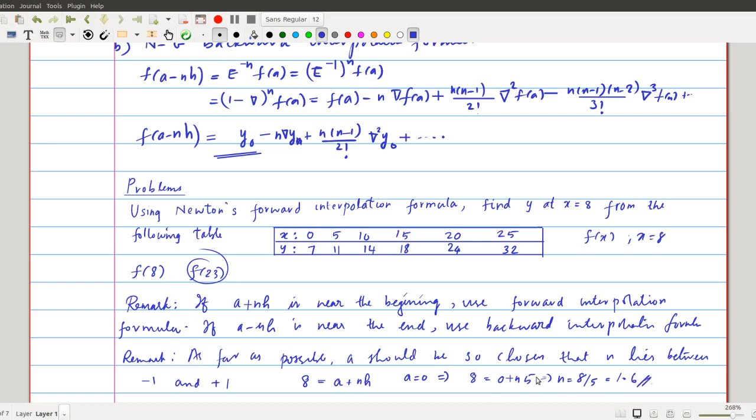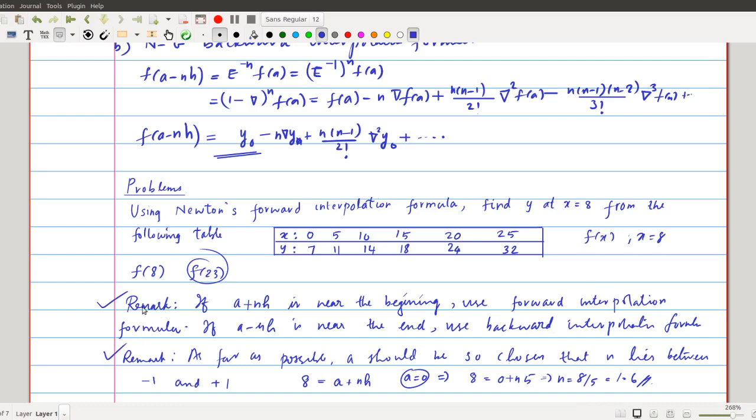So we need to choose this a in such a way that n should lie in between -1 and 1. That will give a more accurate value for f of 8. So please note these two remarks.